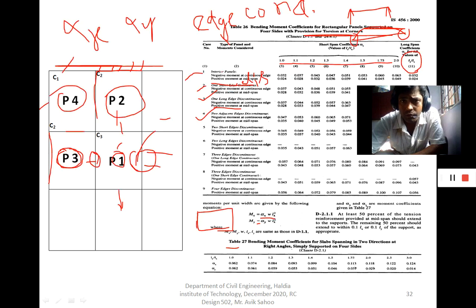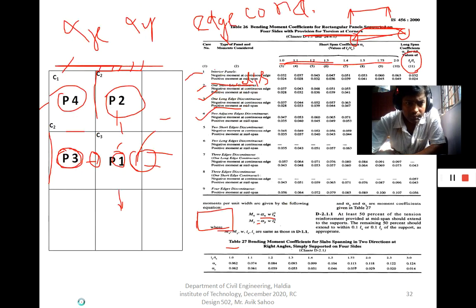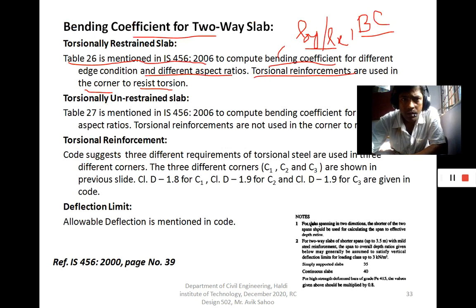You see that, for different edge conditions and for different aspect ratios, the coefficients are given. And the two-way slab has two moments, the Mx and My, and the moments are positive and negative.